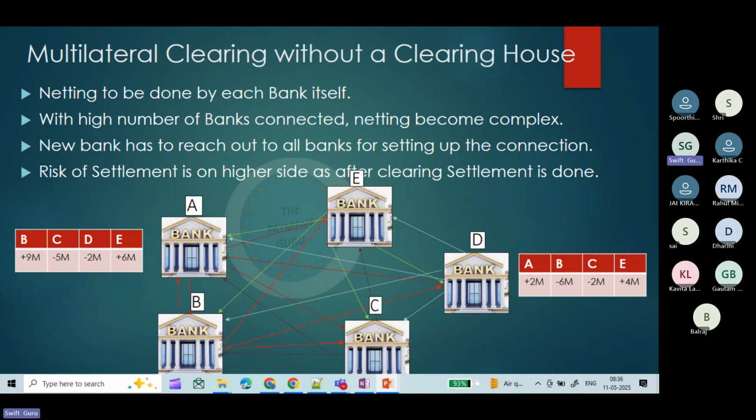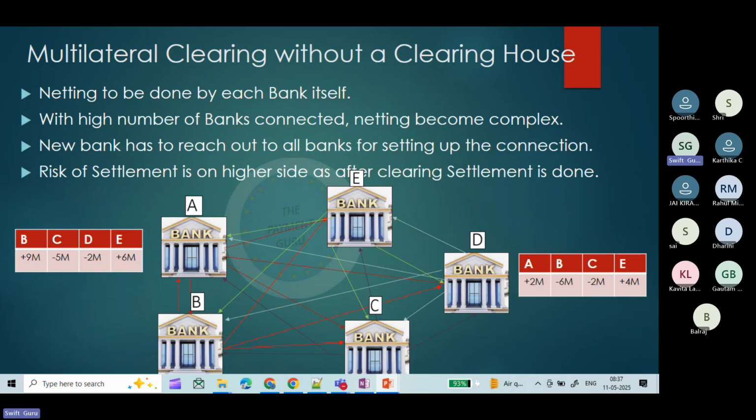If all the banks have to maintain a relationship with each other, or establish a new bank in the country, then imagine they have to reach out to all the 200 individual banks. They will speak about agreements, define what kind of message they can communicate, and then define the clearing mechanism, all those things, on their own.